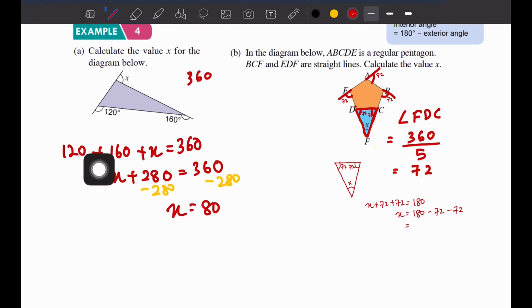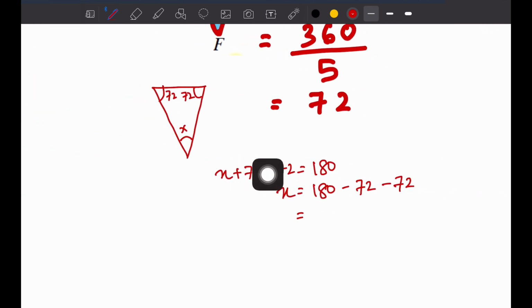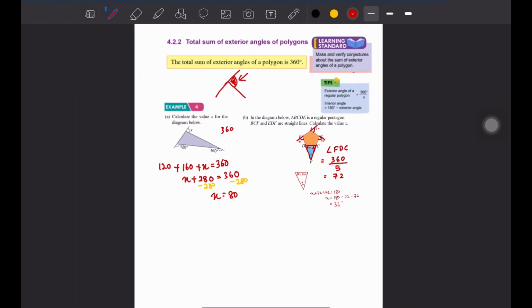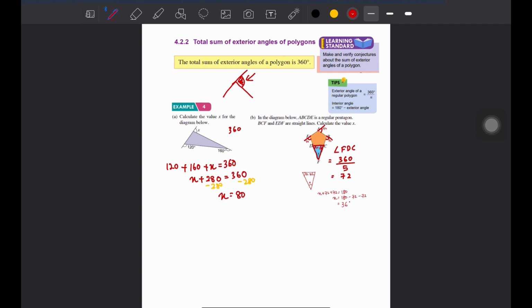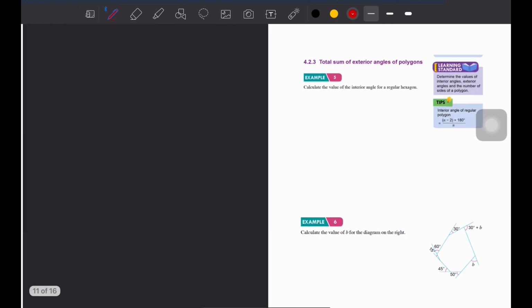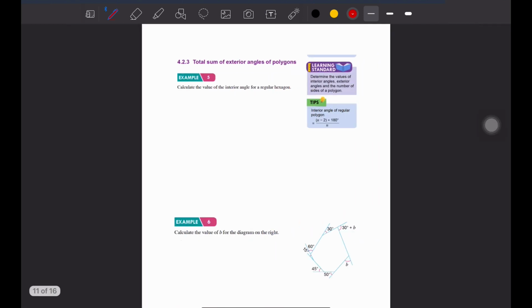Awak boleh tambahkan dulu then pindah ke sebelah, ataupun kita boleh pindahkan terus. So 180 minus 72 minus 72, and your answer is 36 degrees. Mudah saja, betul?